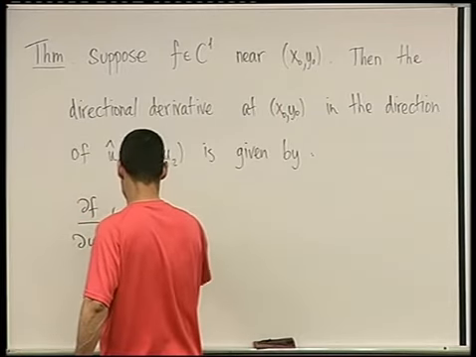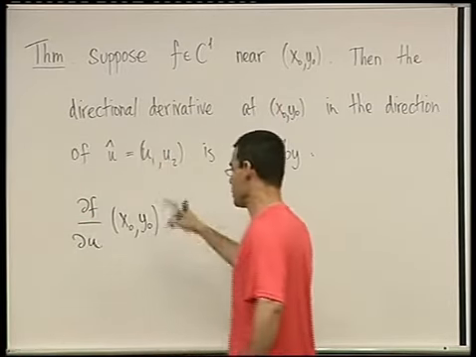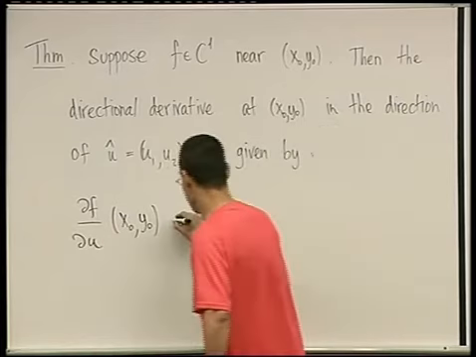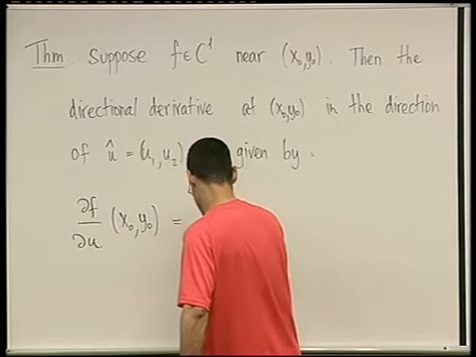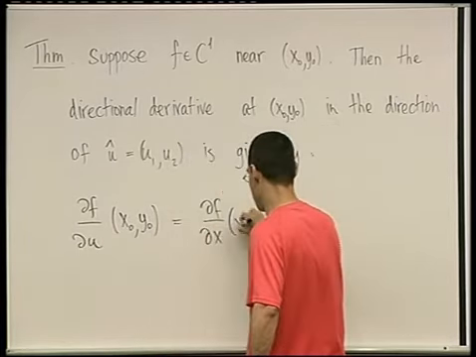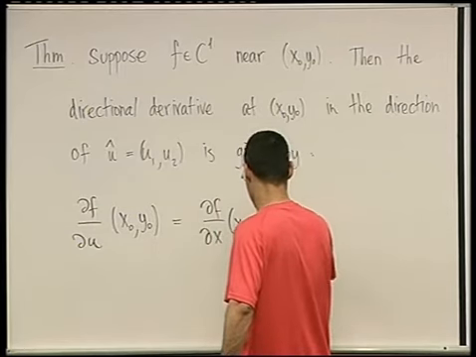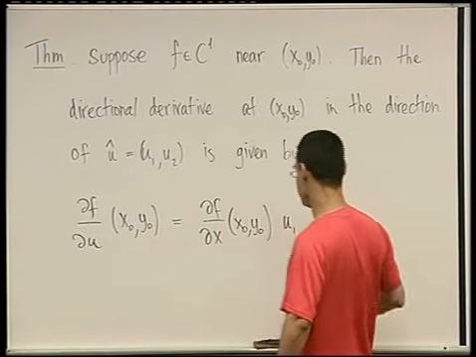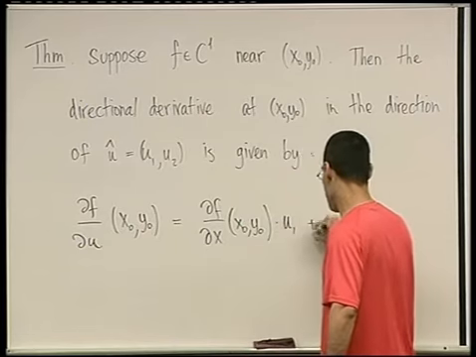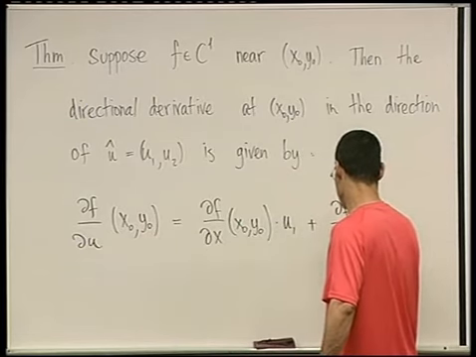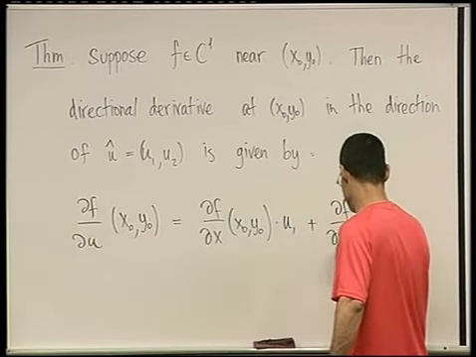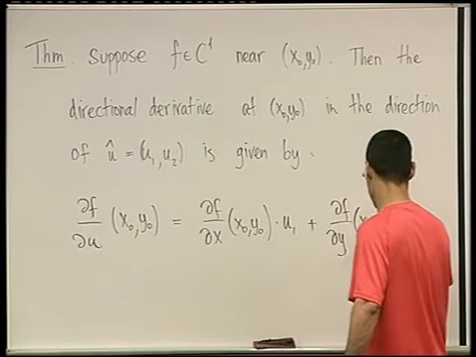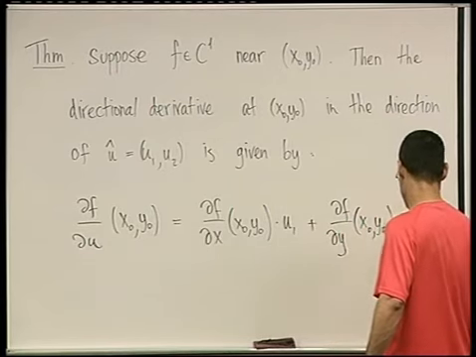So at x0, y0, the directional derivative is given by the partial derivative, df to dx, at the point, times u1, plus the partial derivative, df to dy, at the point, times u2.